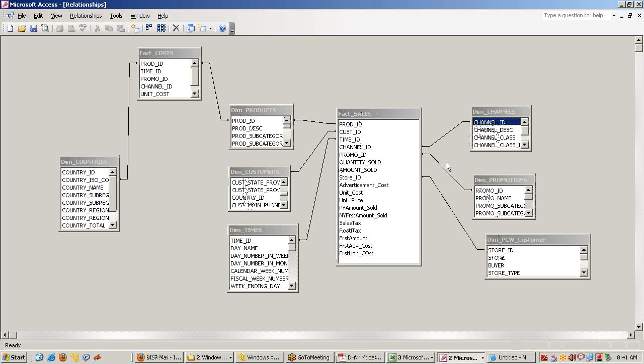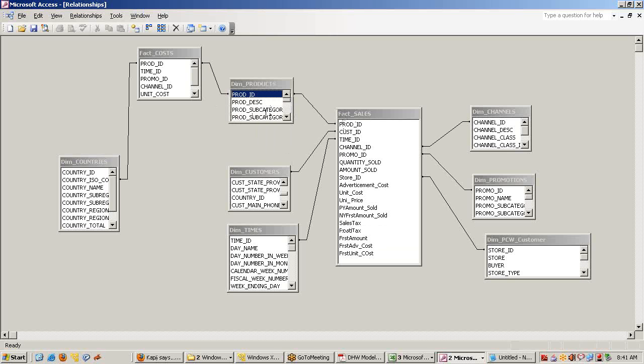In simple words, if you look at one dimension and one fact, what does that mean? If I look at product category and sales, it says the total sales amount sold for one product category, at this intersection.